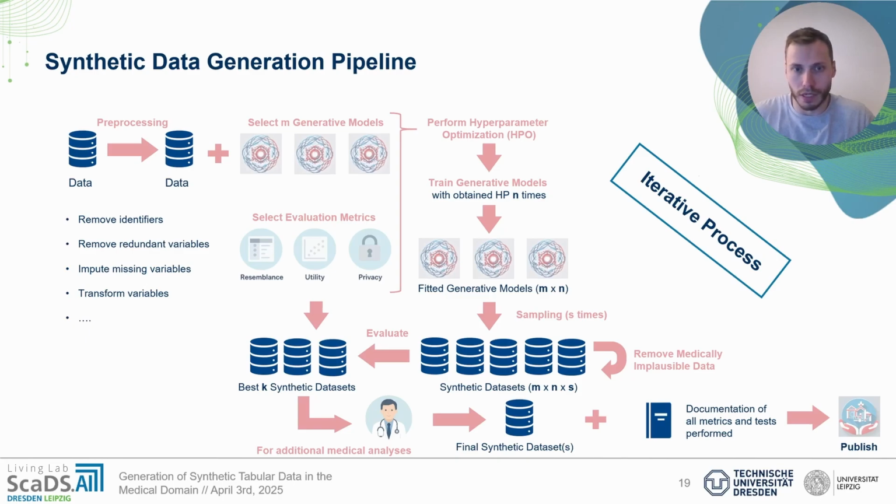Or it could also be that we give the data to the doctor and then he looks at it, compares it to the real data for his medical analysis, and then says, this is not even closely as good as we needed, and then we are back to the beginning.